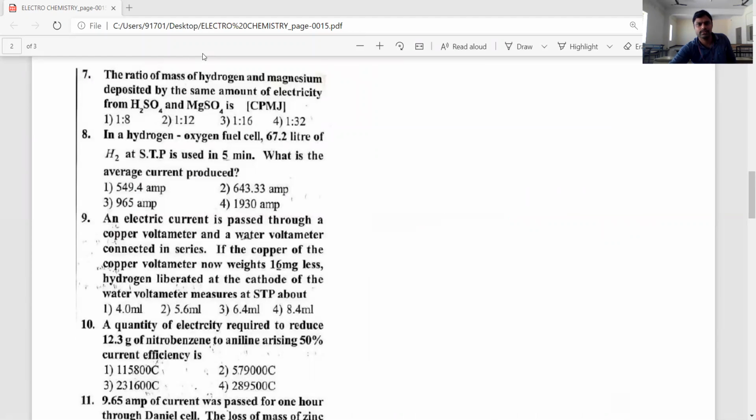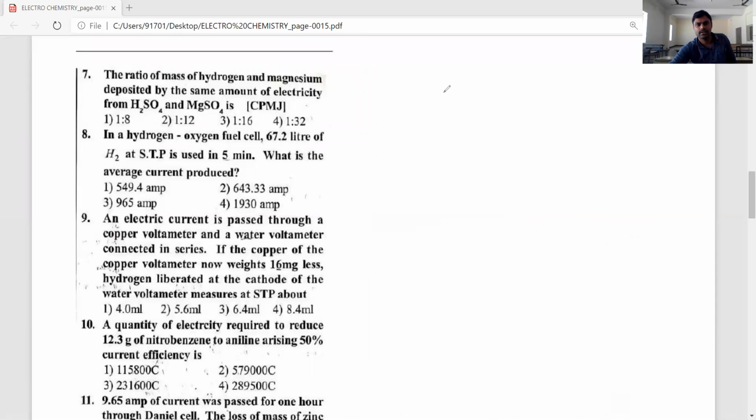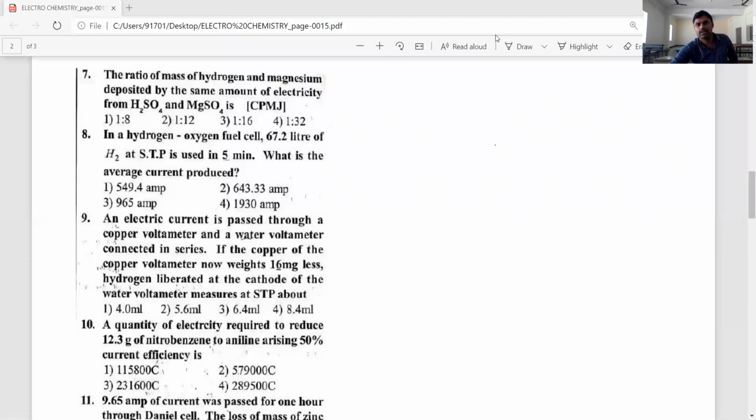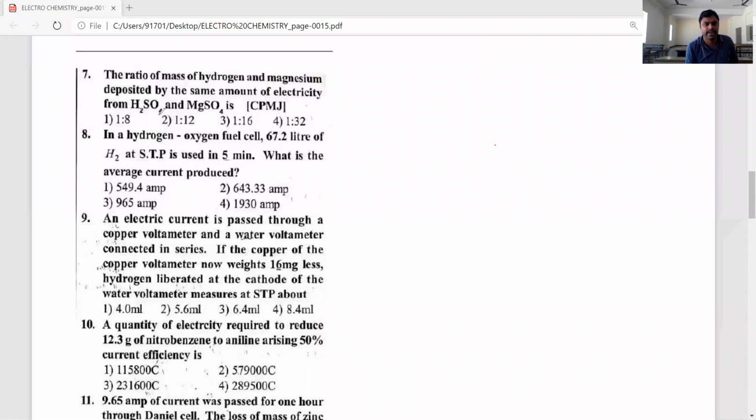Seventh question. The ratio of the mass of hydrogen and magnesium deposited by the same quantity of electricity, they are asking for the weight ratio.